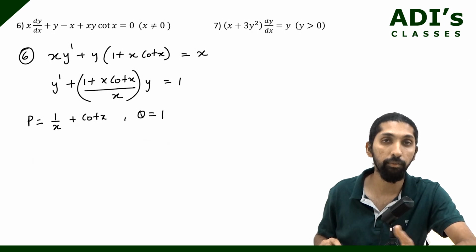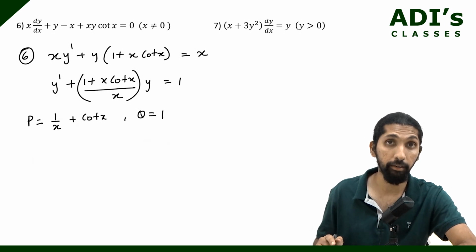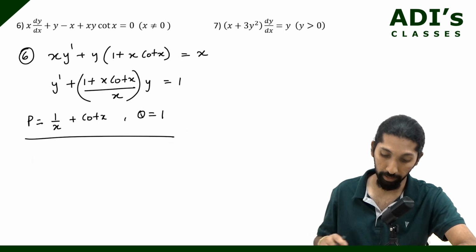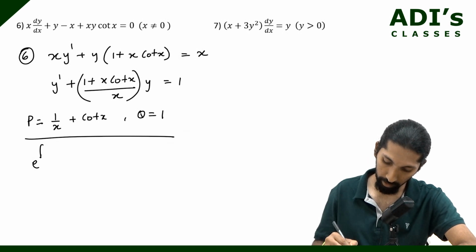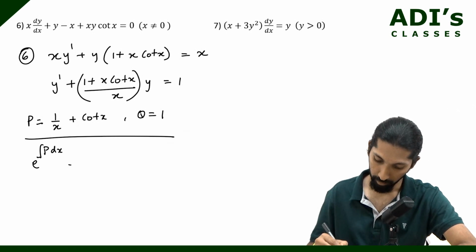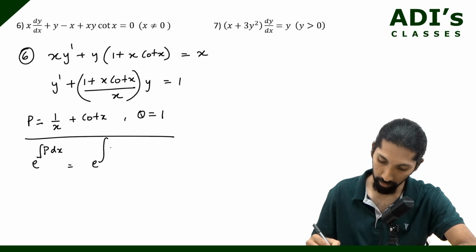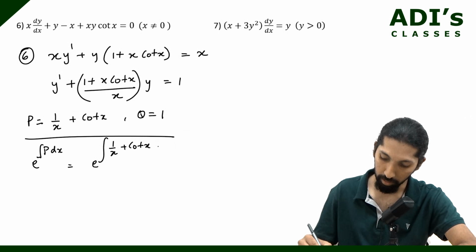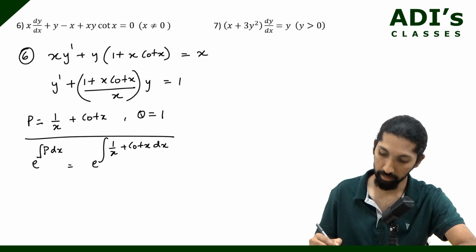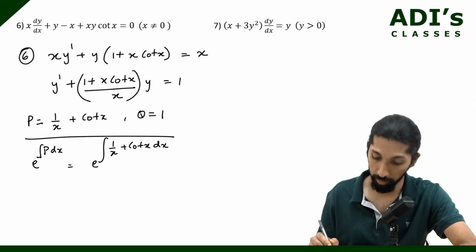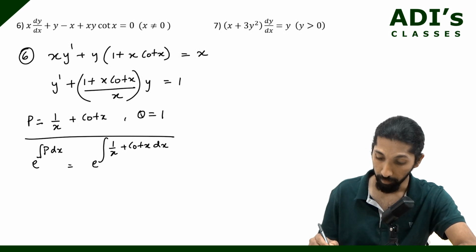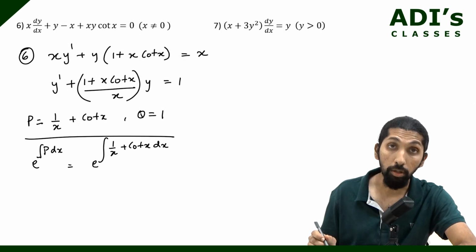Now what do we have to do? We have to integrate, right? That is the integrating factor. So for the integrating factor, e to the power integral of p dx, isn't it? E to the power integral of 1 by x plus cot x dx. Integration of 1 by x is what? 1 by x is log of x. And what is integral of cot of x?